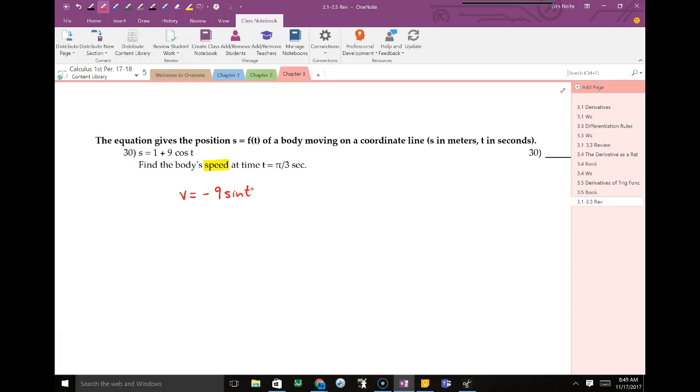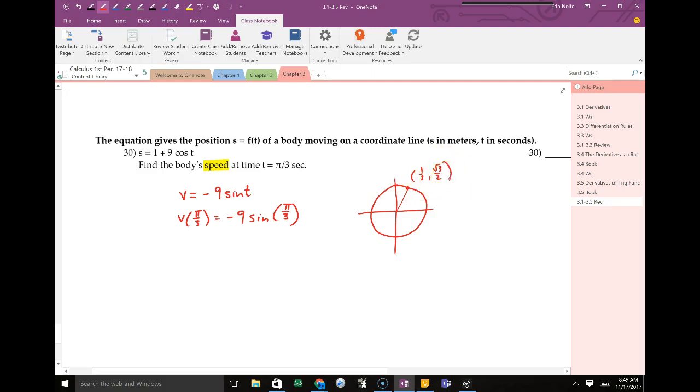Okay, so now I want to find the velocity at time pi over 3. So I'm now going to plug in the given time, pi over 3. I hope you have a unit circle with you today. On your unit circle, you need to go to pi over 3, which is right there. I think the ordered pair there is 1/2 and square root of 3 over 2.